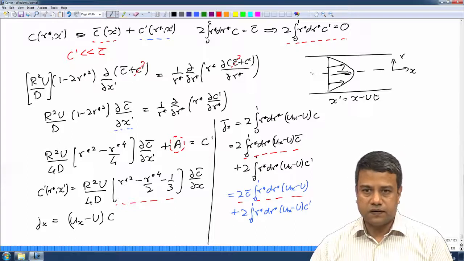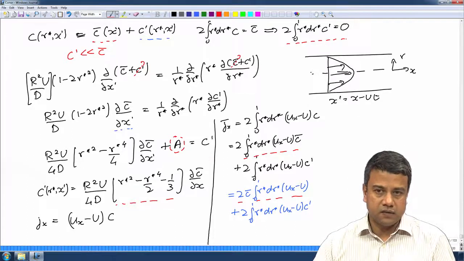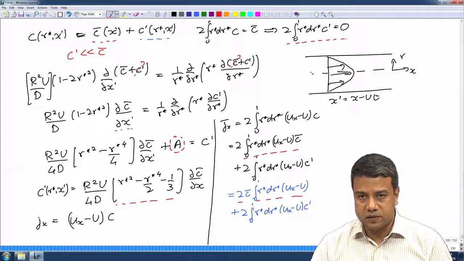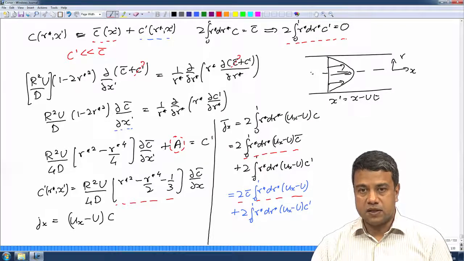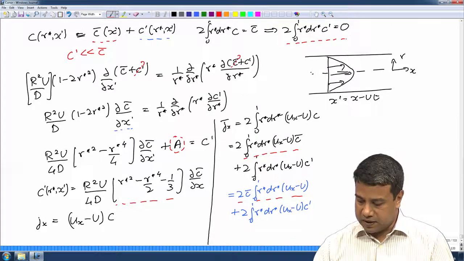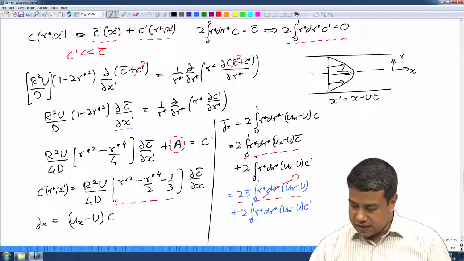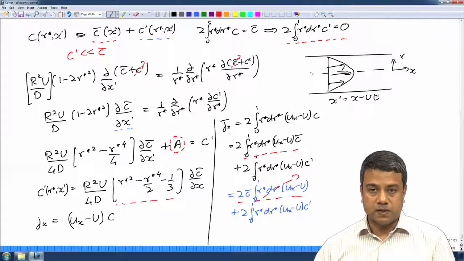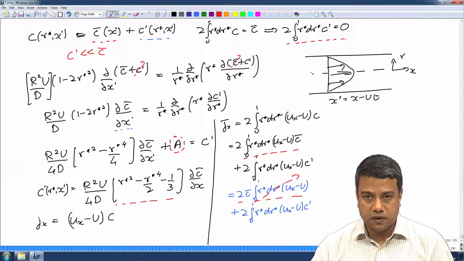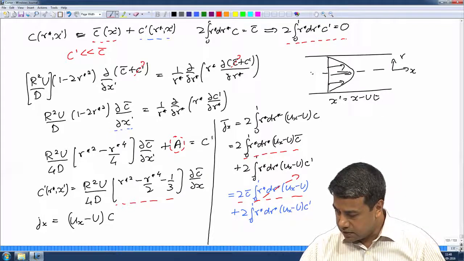That has to obviously be 0, because the cross sectional average of the local velocity has to be equal to the average velocity. So, this term is equal to 0. This second term is in general non-zero because c prime does depend upon the radial location. So, let us look at the second term.